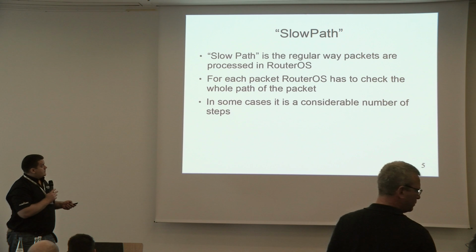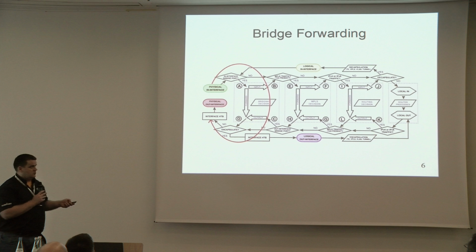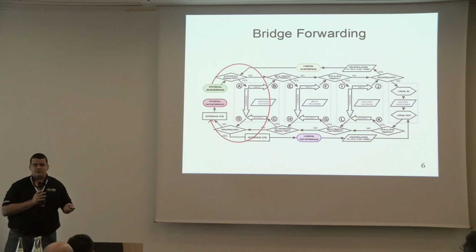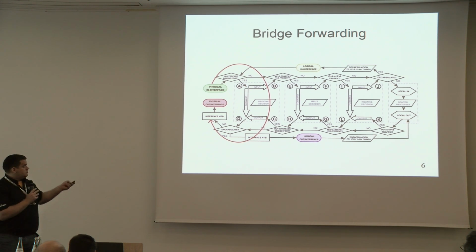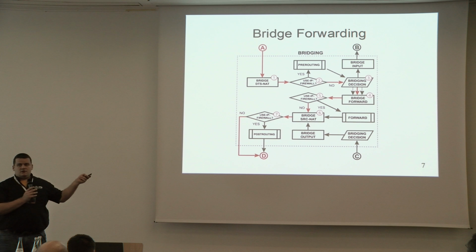So let's illustrate how it works. If we have simple bridging, you just bridge traffic through, and the packet in this diagram goes like this. If we zoom in, we first check this bridge destination NAT. Has anyone of you ever used the bridge destination NAT?